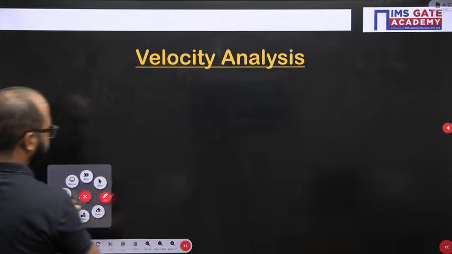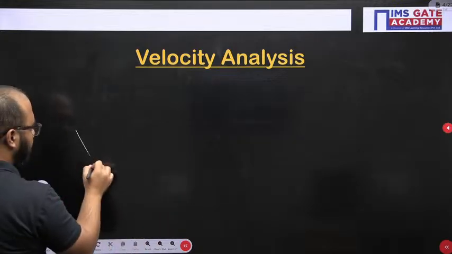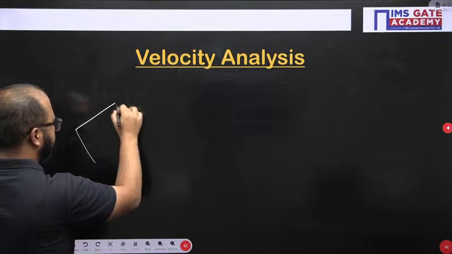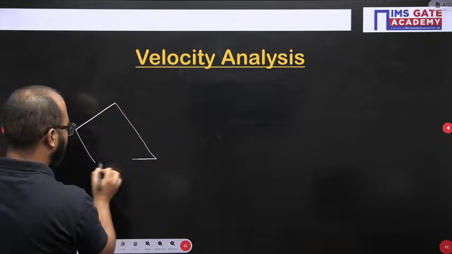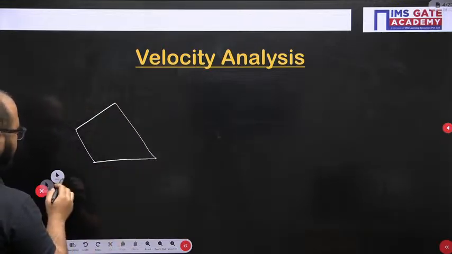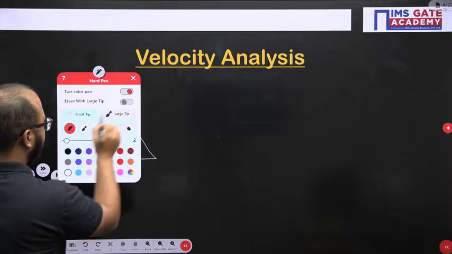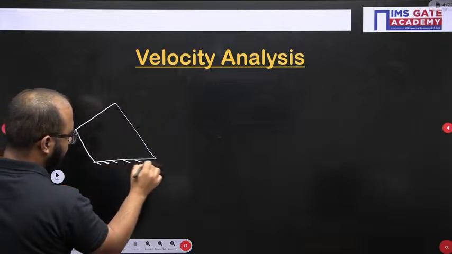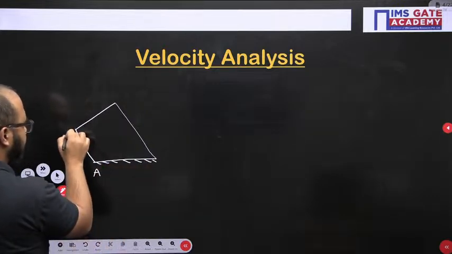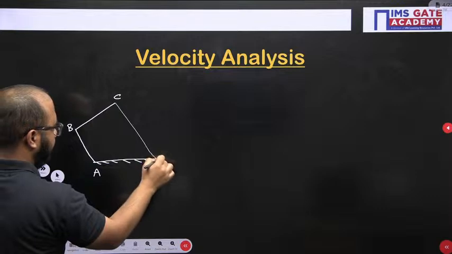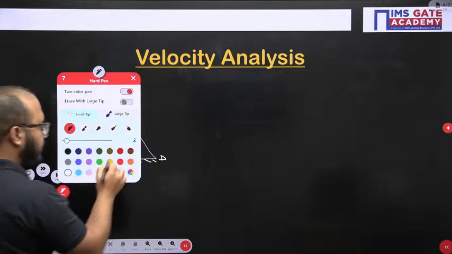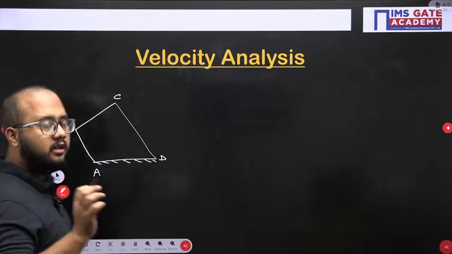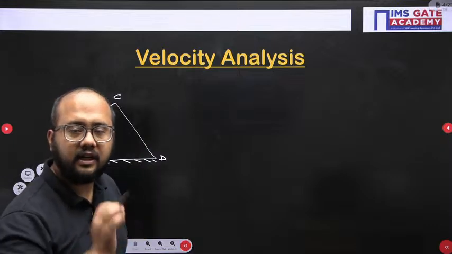As I told you, let's suppose this is a mechanism, with points A, B, C and D. The next step is to draw the velocity vectors in the configuration diagram itself.